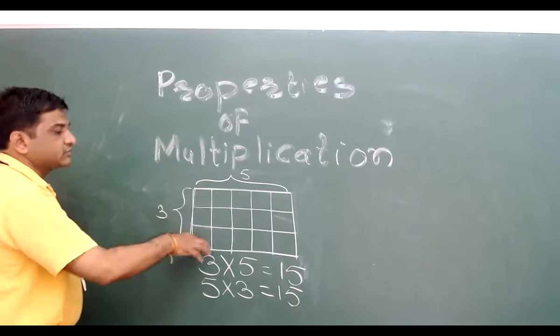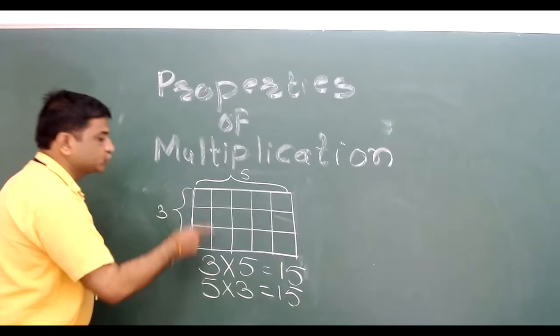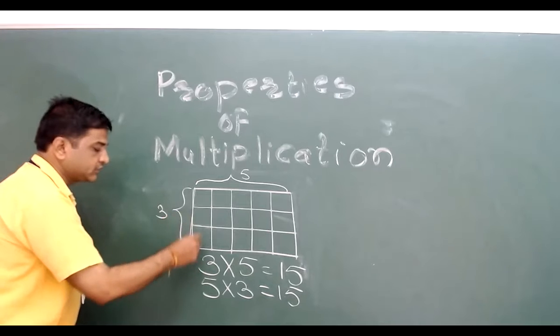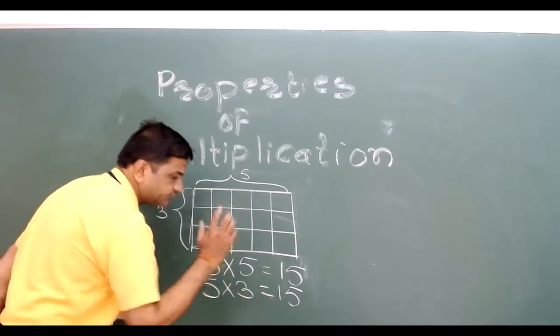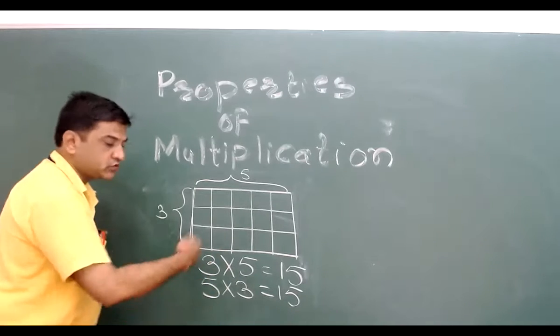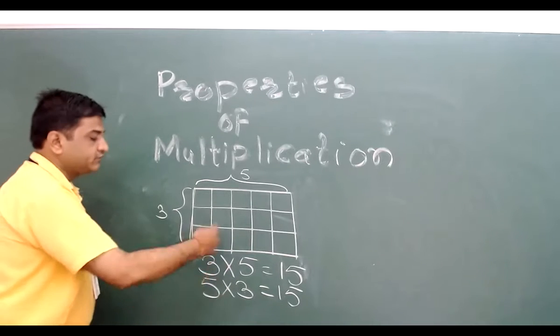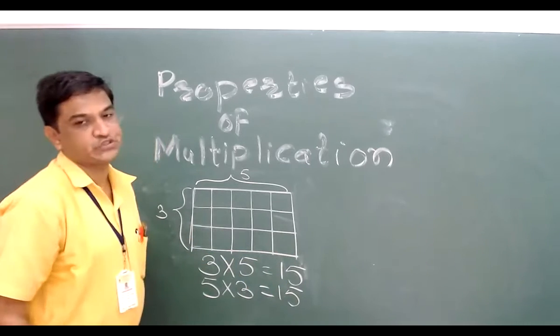Or I can write this arrangement as 5 columns of 3 boxes each, 5 3s are 15. So in this case, you can see that even if I change the order of numbers, even if I change the places of numbers, the product remains unchanged.